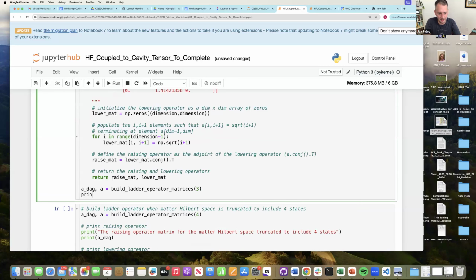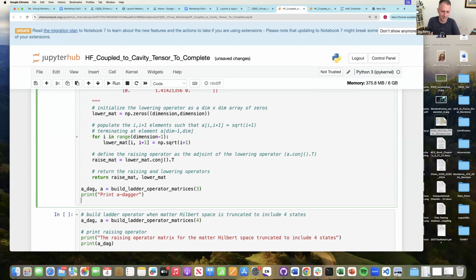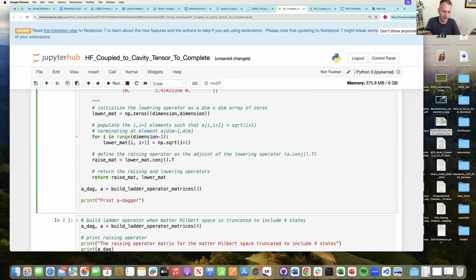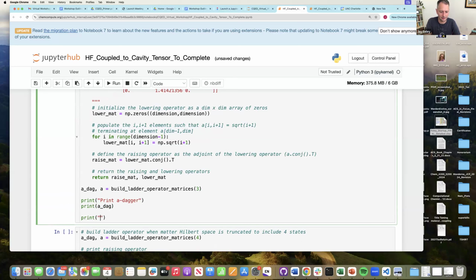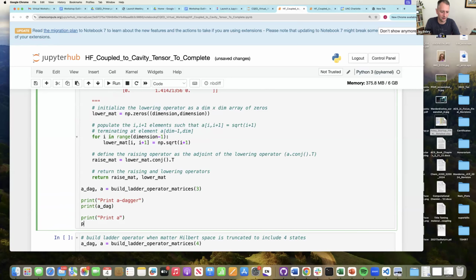And then below this, I'm going to say print a dag. I'm going to print a string first that says print a dagger, and then I'll print the variable a dag, and then I'll have a string that says print a, and then a print statement that just prints the variable a.